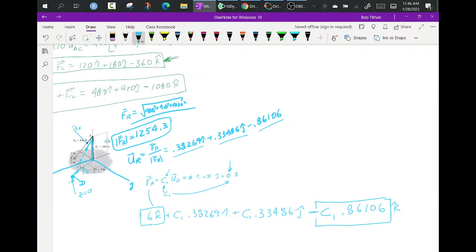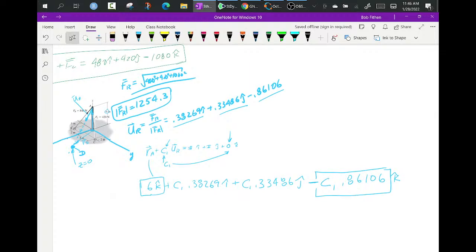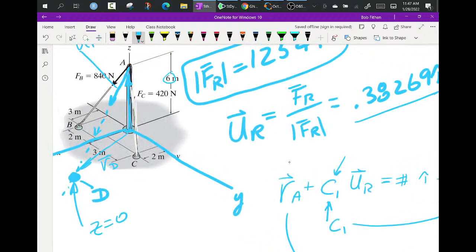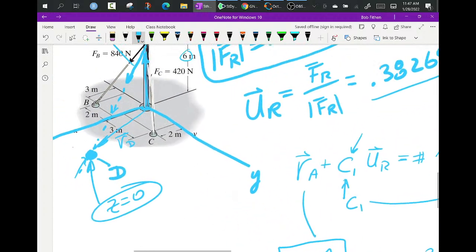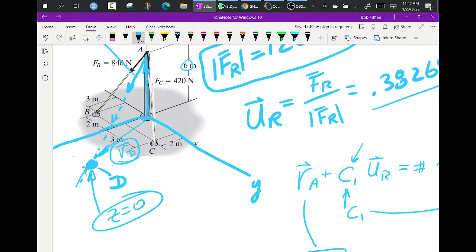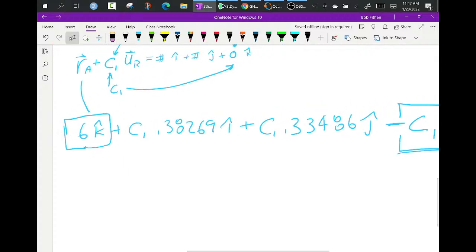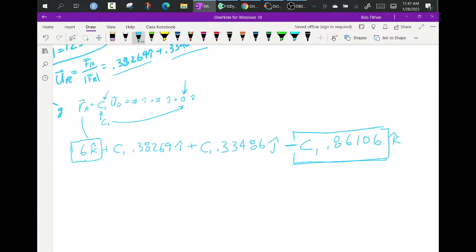Does that make sense? In other words, I want to know the pin location. So I want this vector, I want to go up 6, I want to go down the force, all the way to the point where this is 0, and that'll be the vector that comes out there. I hope this is not too complicated.